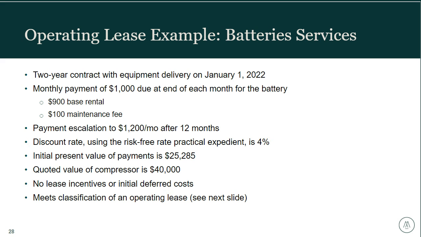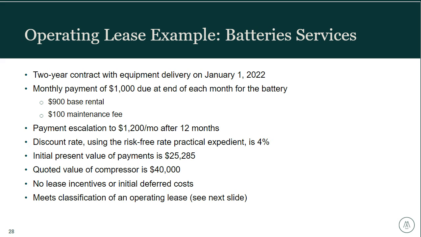Within that payment, there is a $900 base rental fee and a $100 maintenance fee. After 12 months, it escalates to $1,200. Using the risk-free treasury rate, after electing our practical expedient, the rate's 4%, and doing an Excel formula gave us a net present value of $25,285.